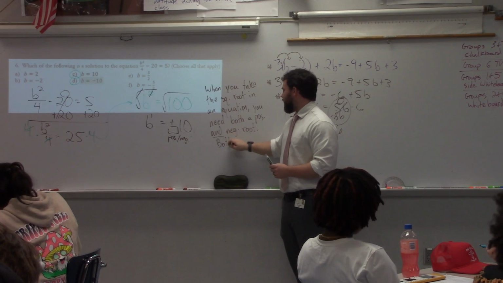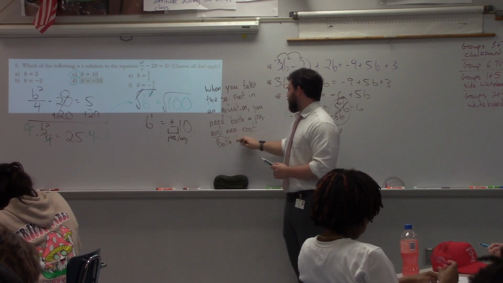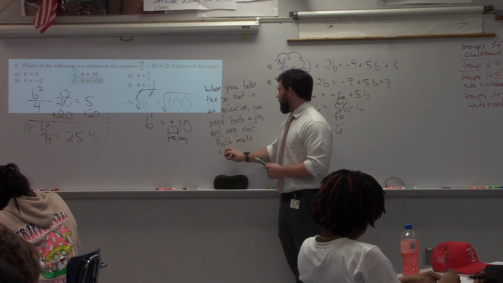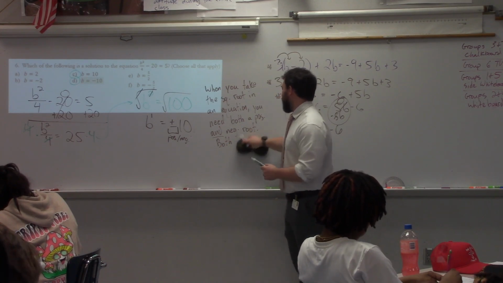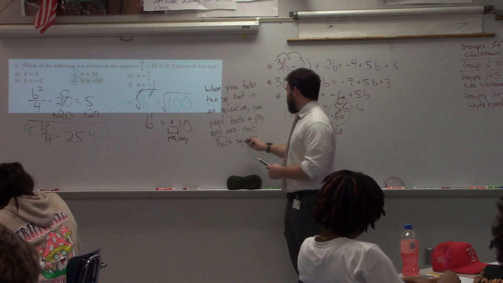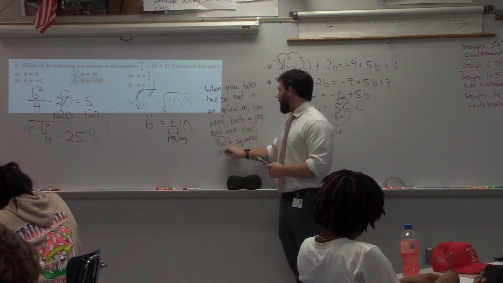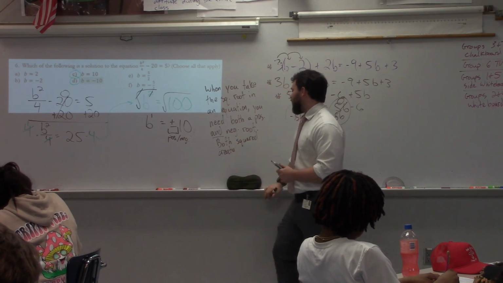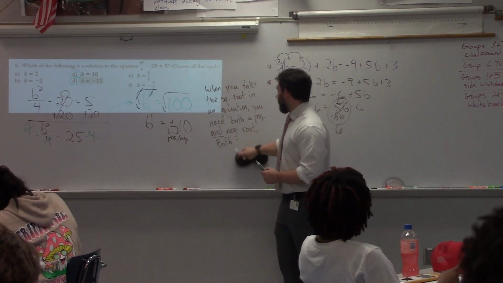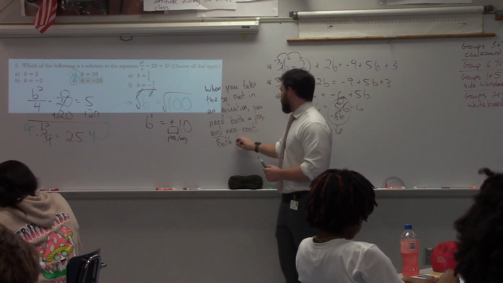Both make the original equation true. Well, I guess one of the things I would say is both squared create, ooh, I don't want to say that because of something we're going to study later. Both make the equation true. Let's say that.